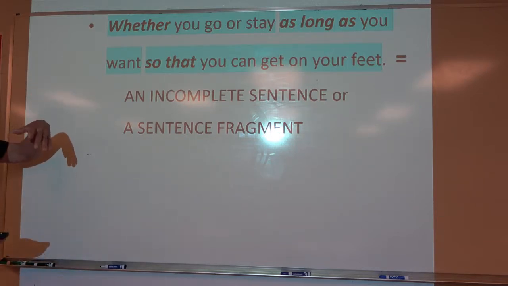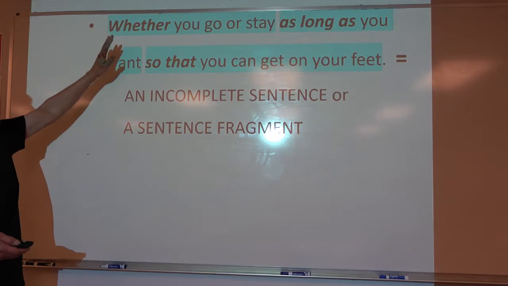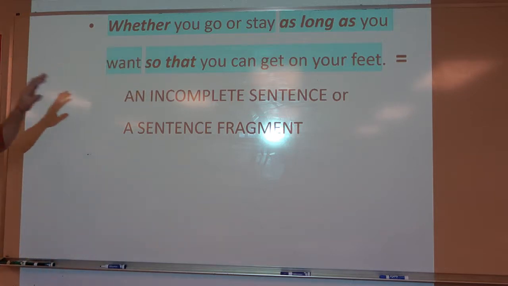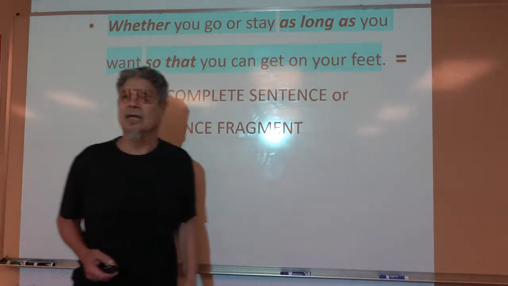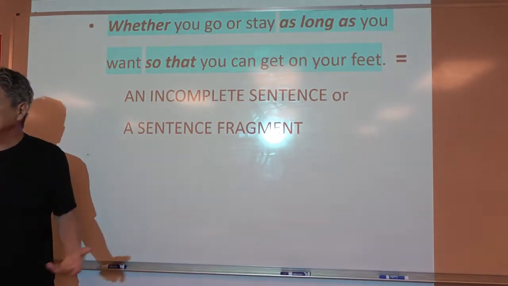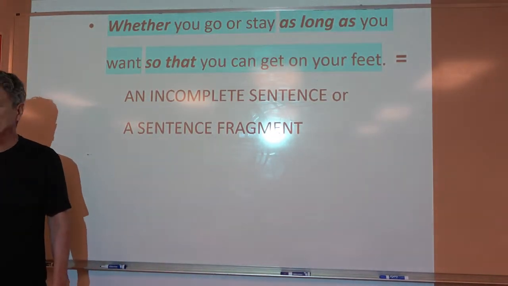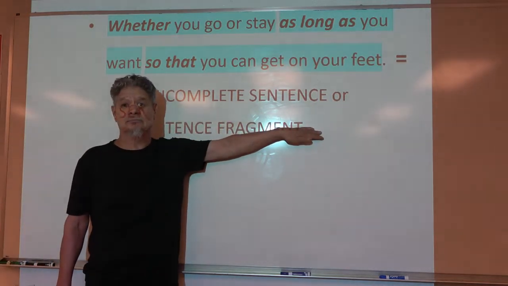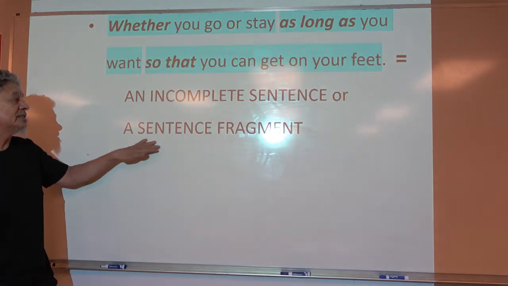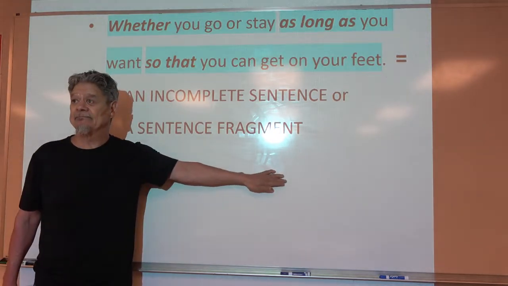Before I show you that example, I forgot that I had this. If you have a capital and a period, and you have only dependent clauses, what you have then is an incomplete sentence. What you have then is a sentence fragment.